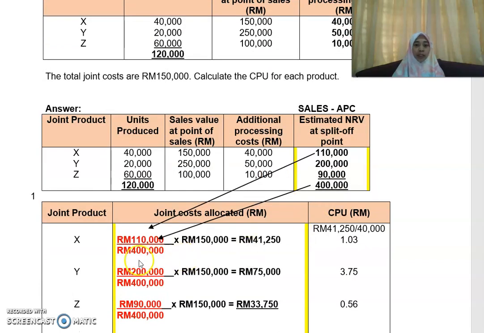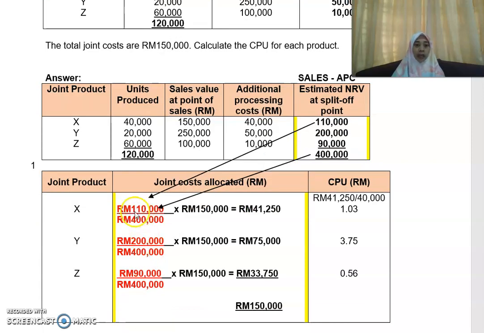In this case, you will have 110,000 ringgit divided by the total NRV, which is 400,000 ringgit. You do the same thing as before and take the ratio, but now the ratio is based on the NRV. So that will be 110 divided by 400 times the total joint cost that you want to apportion, that is 150,000 ringgit.